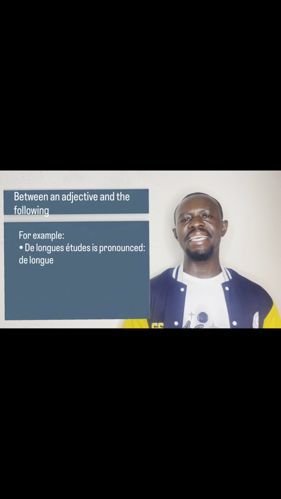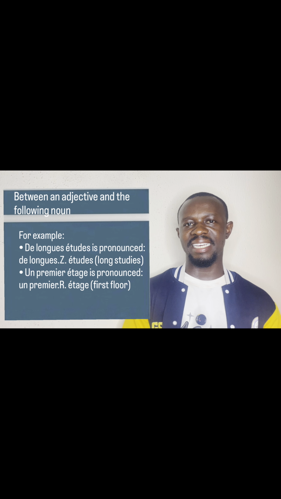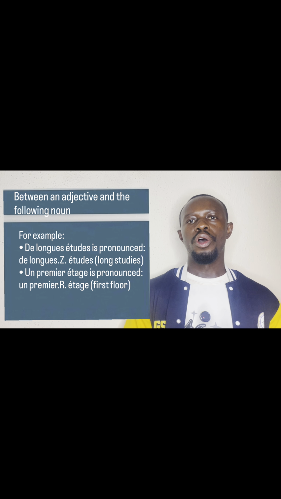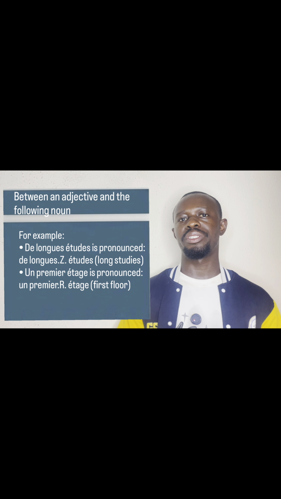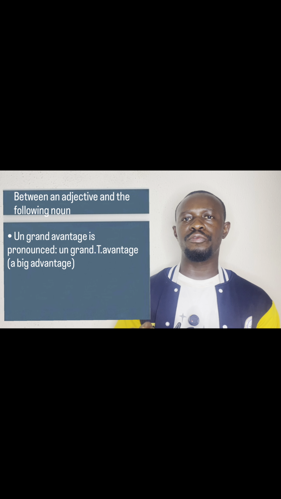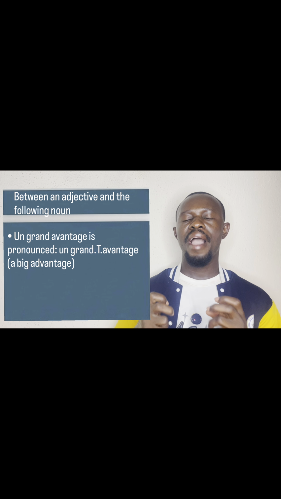The liaison is required between an adjective and the following noun. For example, we have "de longues études". So we say "de longues études". "Un premier étage". "Un grand avantage".